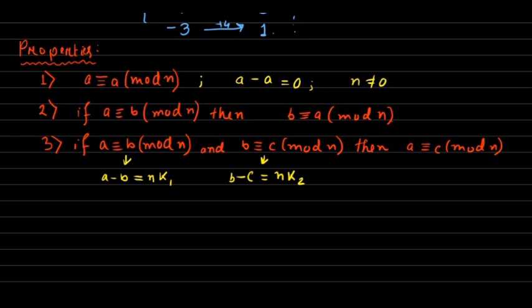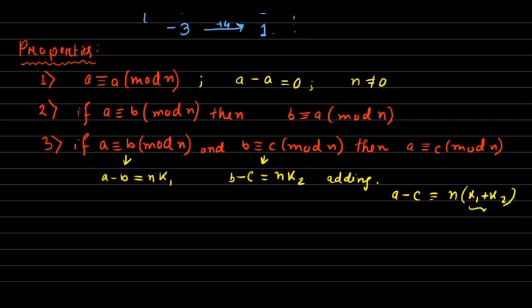So if we add these two, B gets cancelled, and we have A minus C equal to n times k1 plus k2.